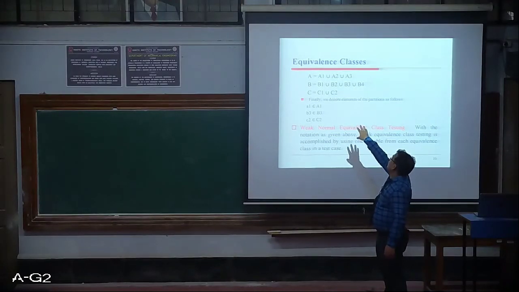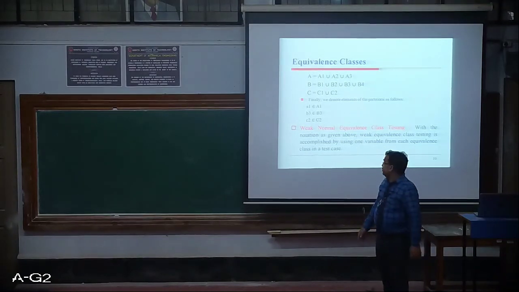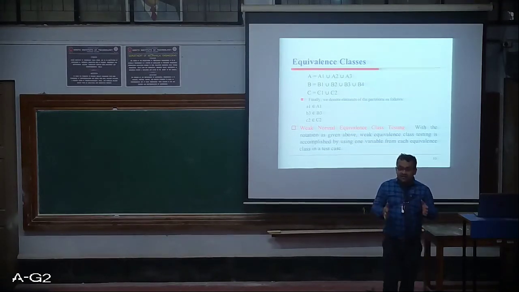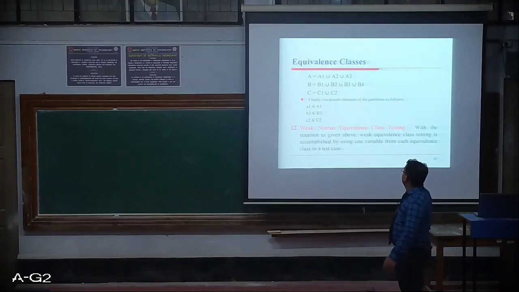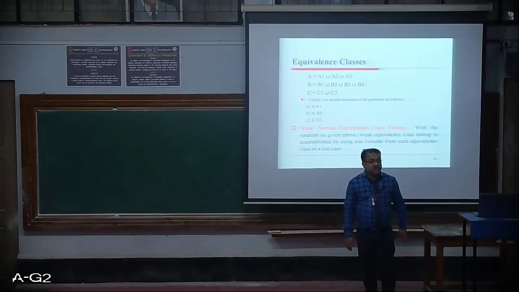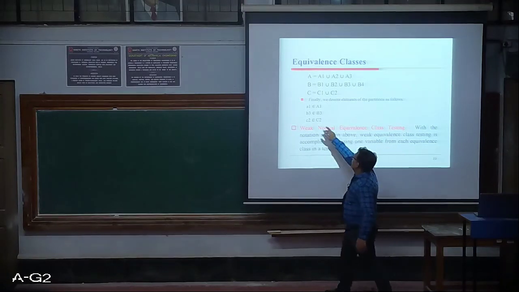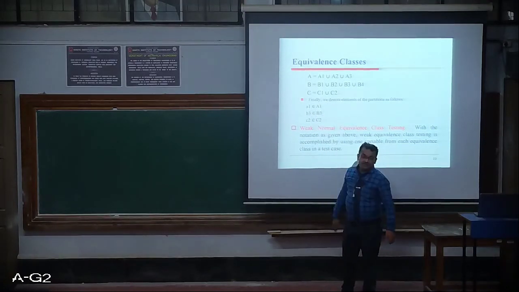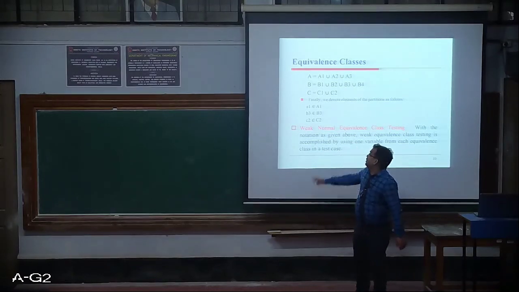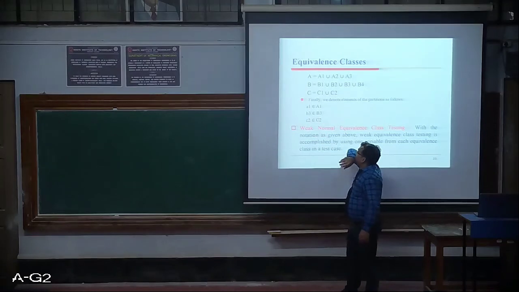The first set is partitioned into A1, A2, A3 with that equivalence relation. Similarly, the B set is partitioned into 4 subsets, B1, B2, B3, and B4. And C is partitioned into 2 subsets, C1 and C2. Now we can pick an element from the A1 partition, because A2 and A3 are equivalent, so A1 is sufficient to represent them.